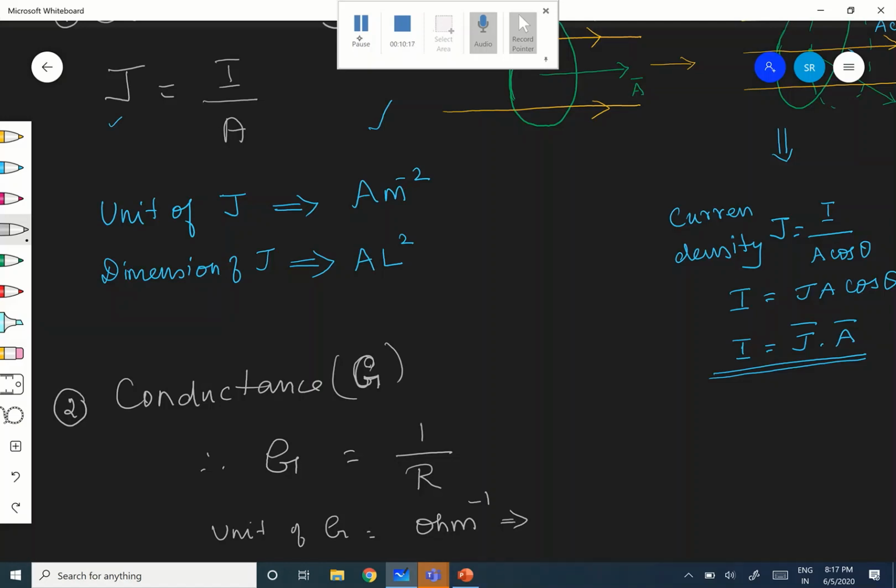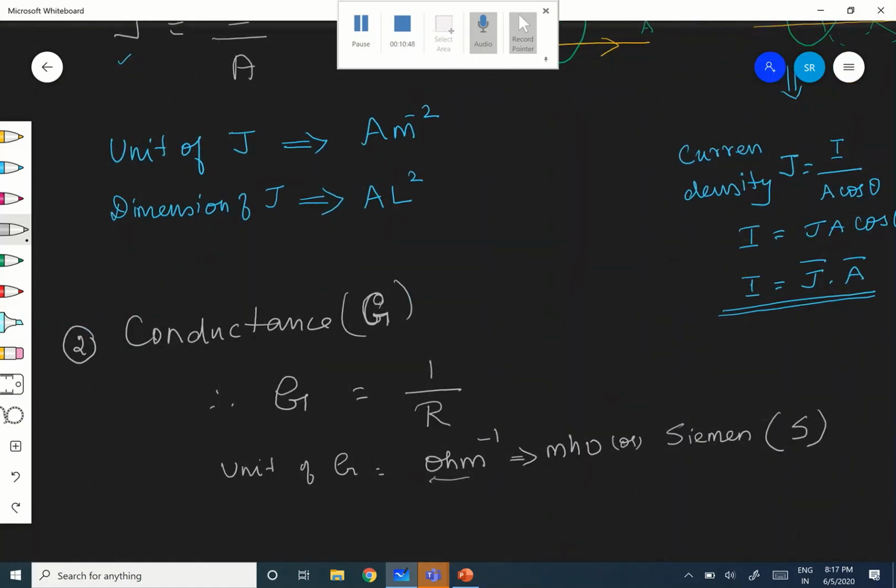It is also called mho, just reverse of ohm, or it is called Siemen, S-I-M-E-N, with capital S. So this is about conductance. Dimension you can write, because you know the dimension of resistance, so there is no need for me to write.